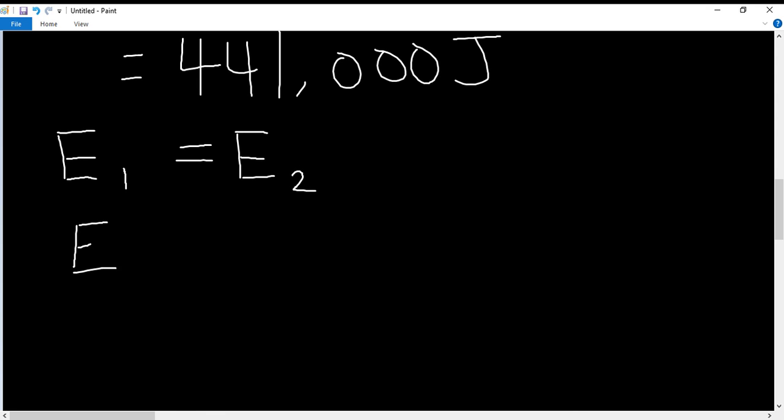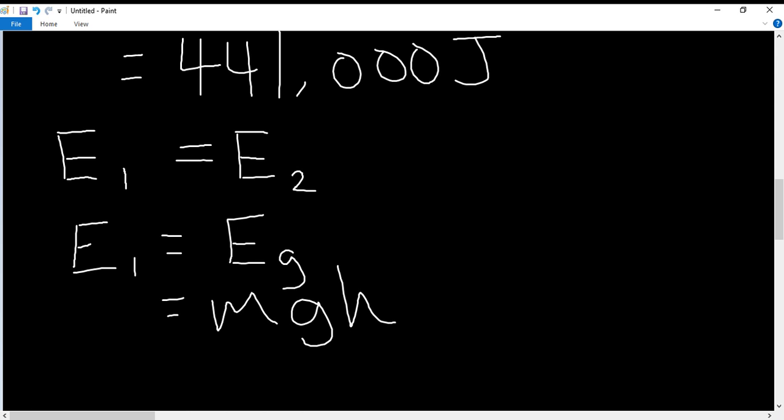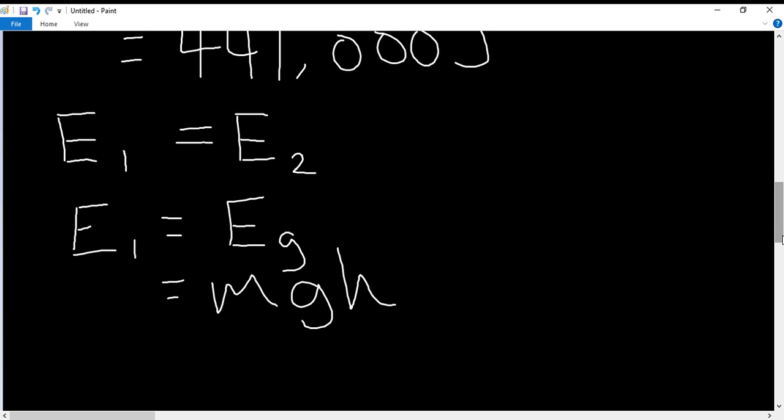Energy at the top of the hill is just potential energy written as mass times gravity times height. We have our energy, which is 441,000 joules. We just solved for that. We're going to plug everything in.